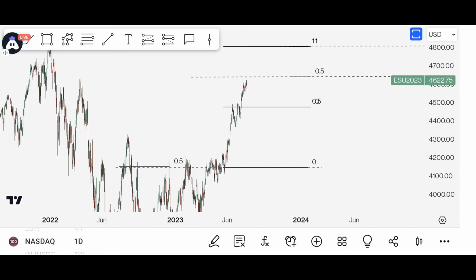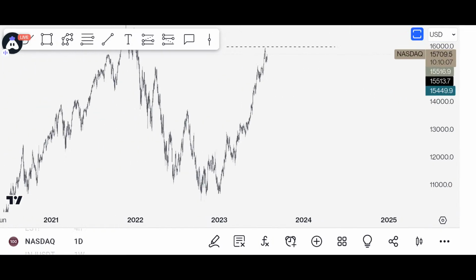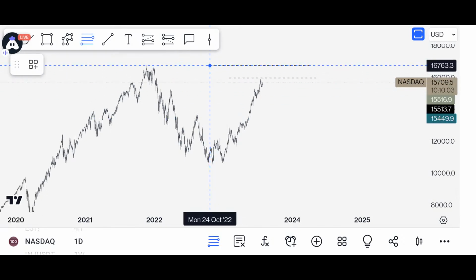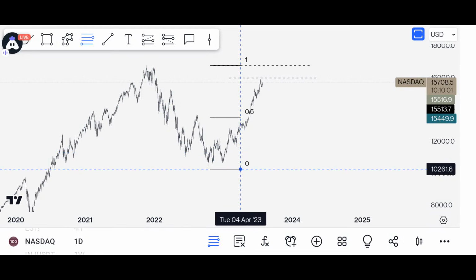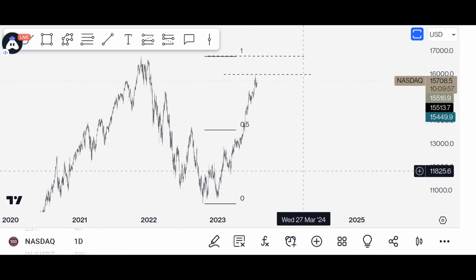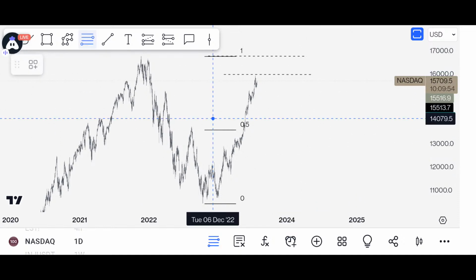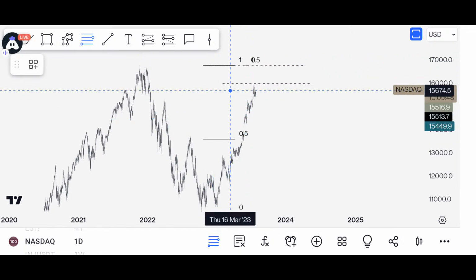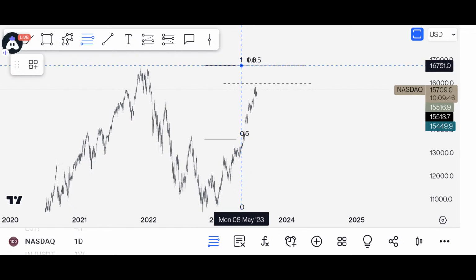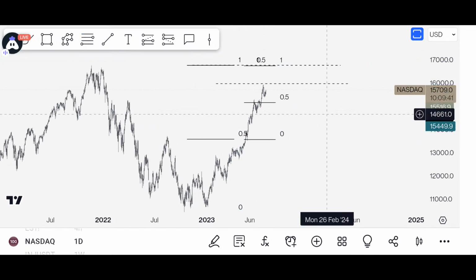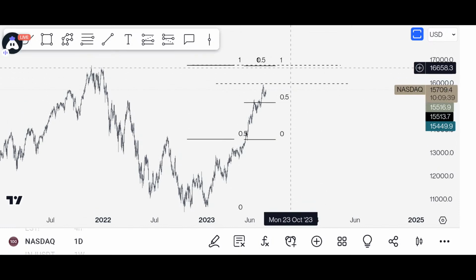Now if you see Nasdaq, we will draw it for Nasdaq too. See, this was the top, so we draw fib levels from the top to this bottom. Below 0.5 is the discount, above 0.5 is the premium. Now from this top we will again draw these IPDA ranges. Within the premium, this is our discount and this is the premium.